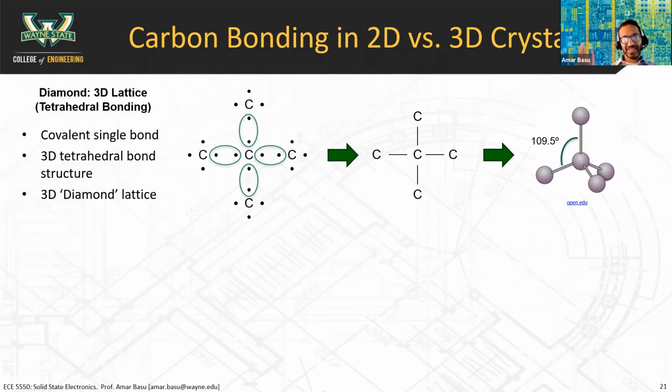Just as a piece of trivia that you might find interesting, as we've gotten very good at making single crystal silicon with ingots and all sorts of fabrication technologies, it turns out that we've become very good at making crystalline carbon too, which is basically diamond.